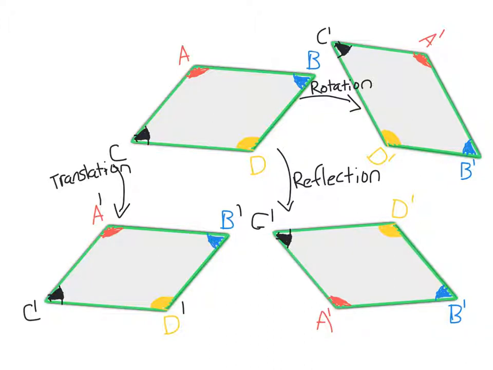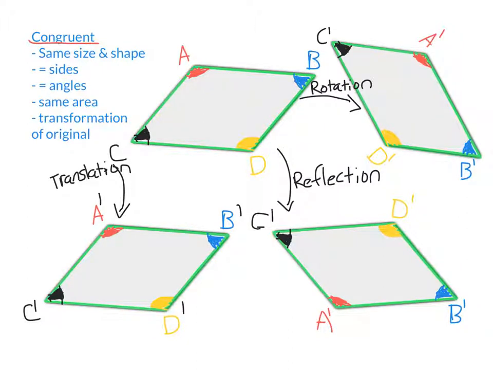The reason I'm showing you all of these is that all four of the shapes on your screen are congruent. This means that all four shapes have the same side lengths, the same angles, the same area, the same everything. They are, for all intents and purposes, the exact same shape.